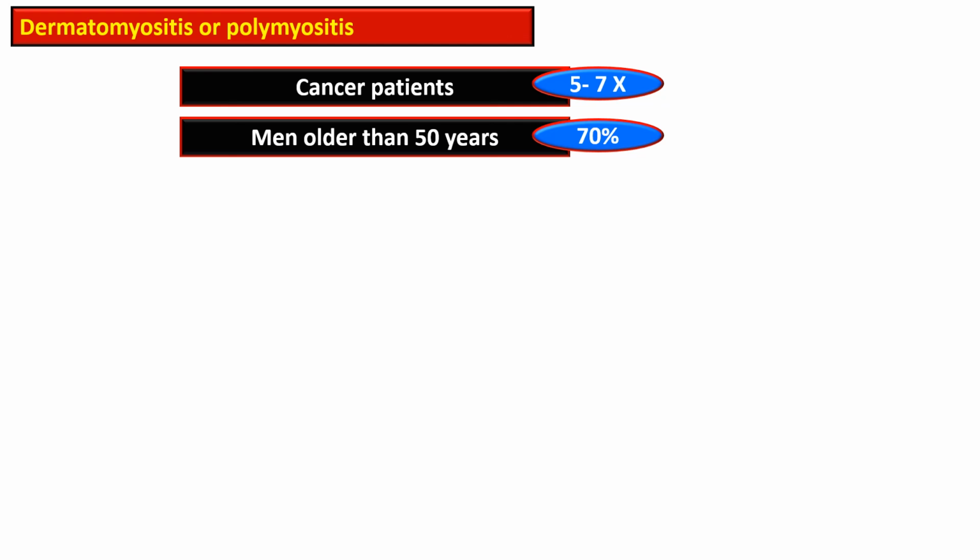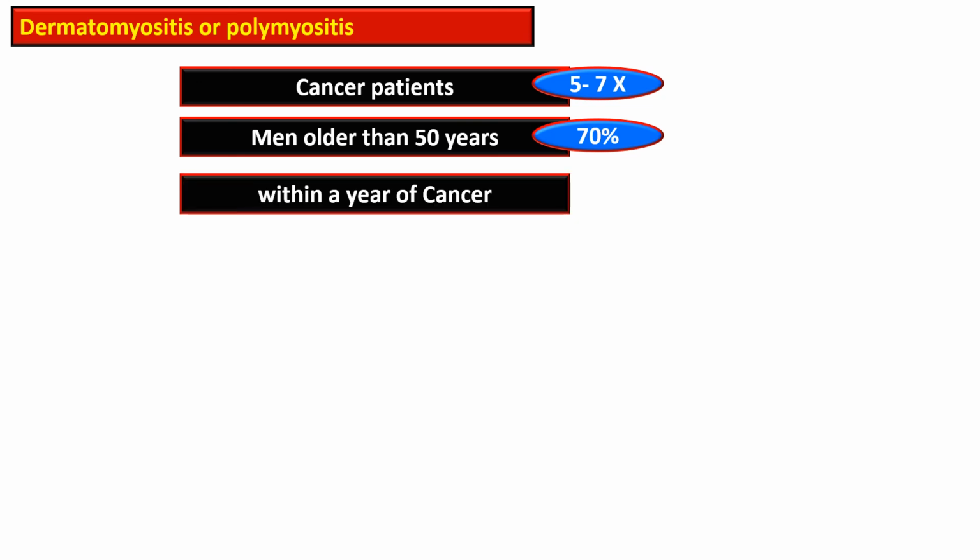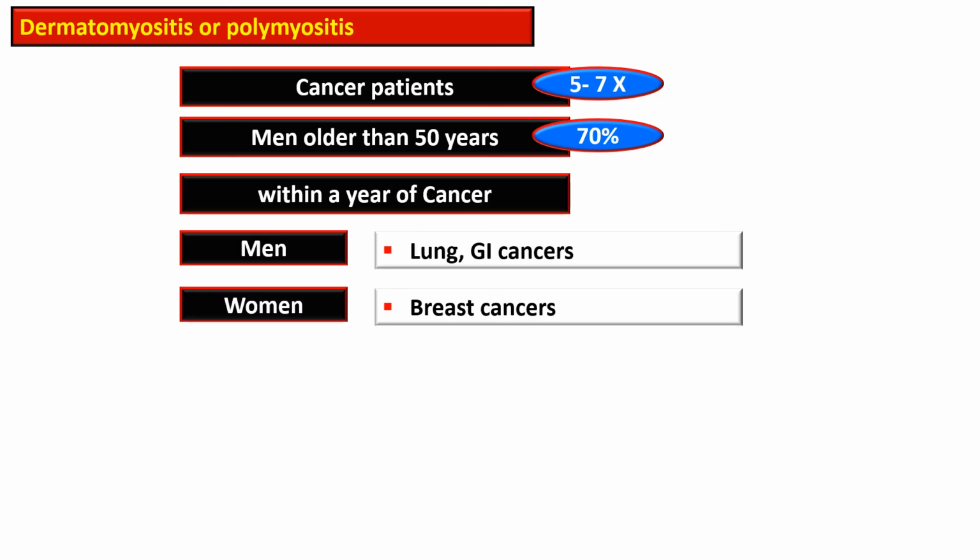There is a 70% chance that the patient gets dermatomyositis or polymyositis, and it occurs within a year of cancer. In men, lung and gastrointestinal cancers are associated with dermatomyositis or polymyositis, while in females, breast cancers are associated with this condition.